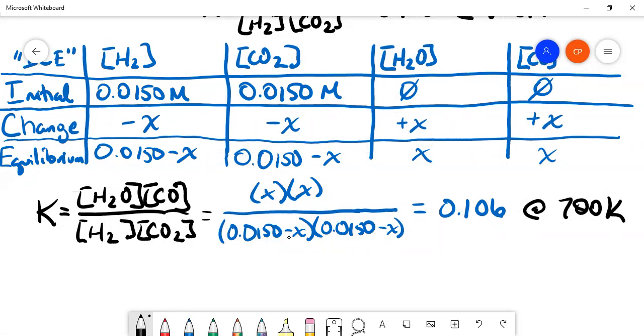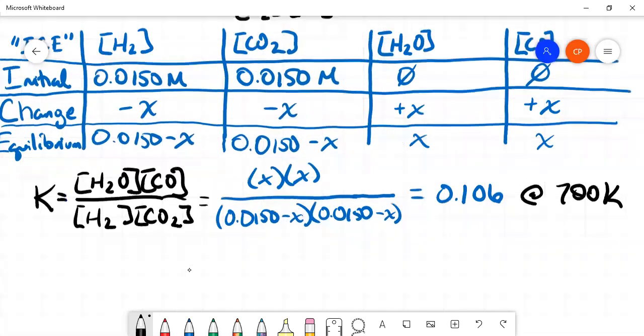Thankfully, we can make things a little bit easier on ourselves by recognizing that both of these initial values are exactly identical. And we can simplify the numerator down to X squared, and what's in the denominator down to squared as well. I can rewrite this expression like so.